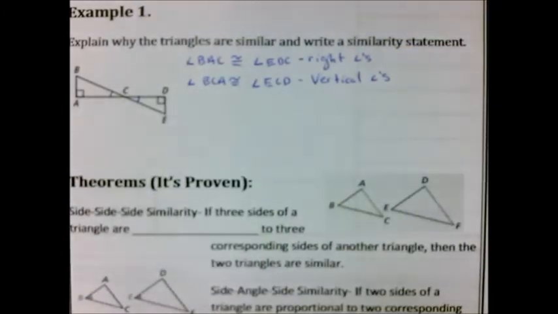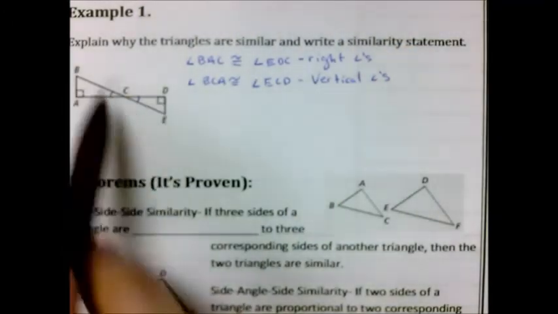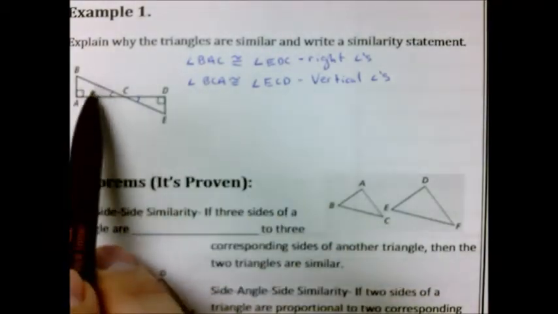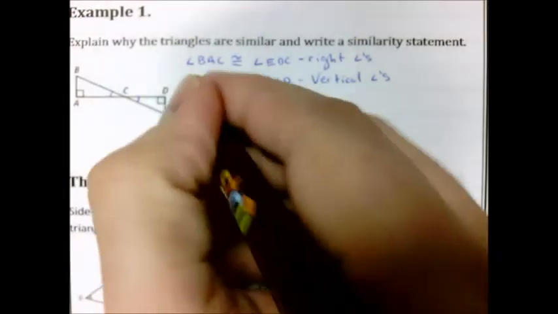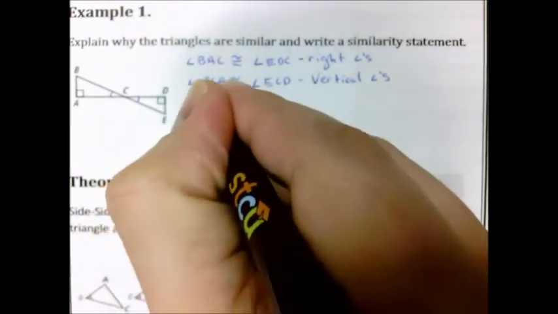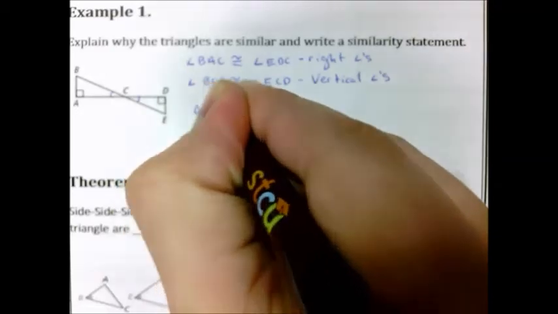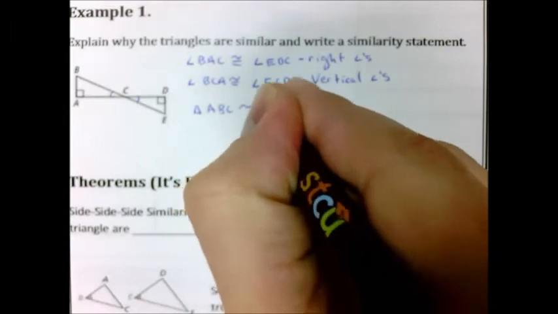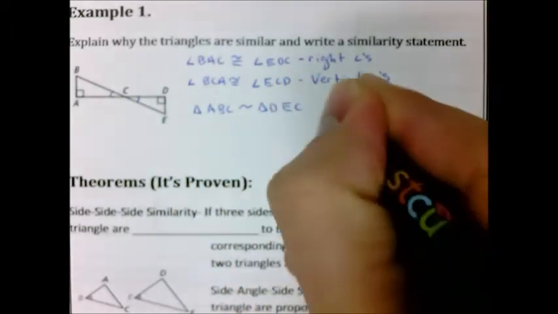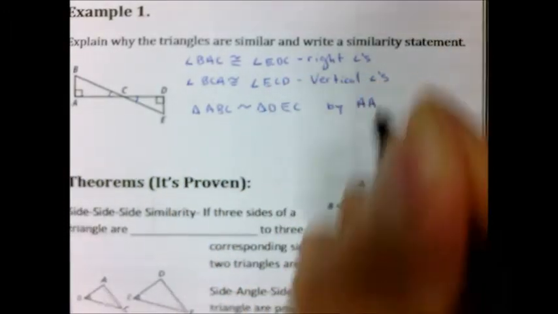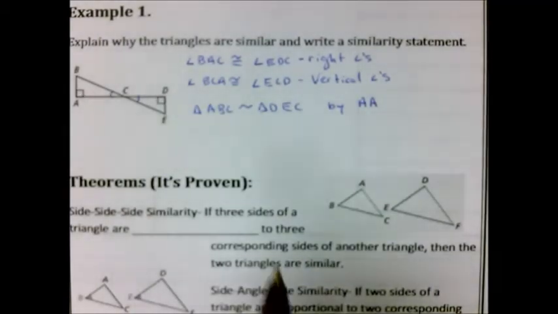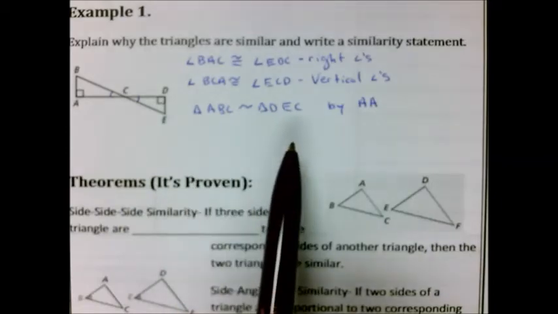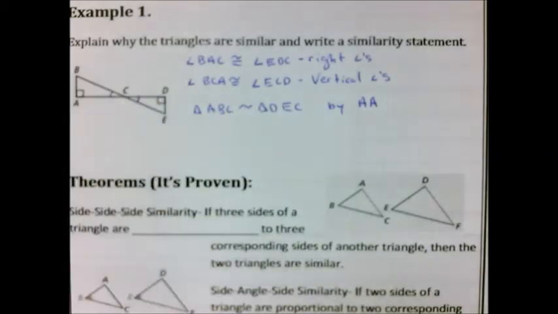Now that we've proven that those two angles are congruent, we can say that the triangle ABC is similar to triangle DEC by AA. That is writing a similarity statement. We're saying here that these two triangles have to be similar because we have these two angles that are congruent.